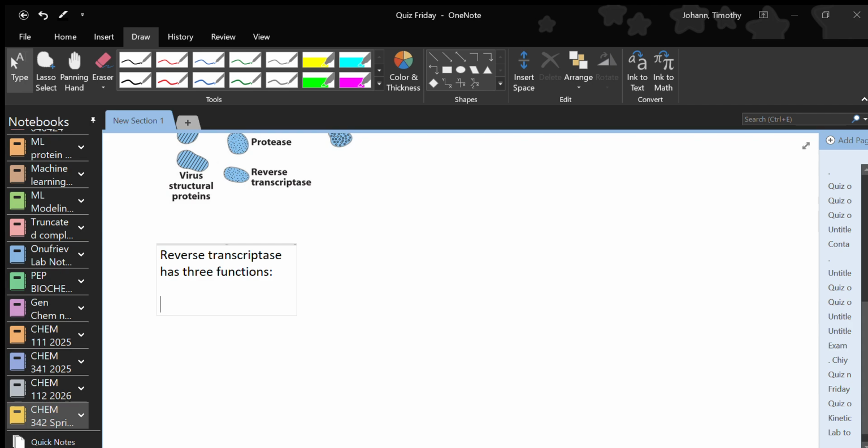Okay, so it's a virus. So the first thing is it can make a DNA copy from an RNA template.